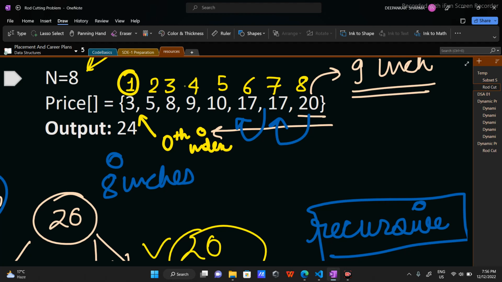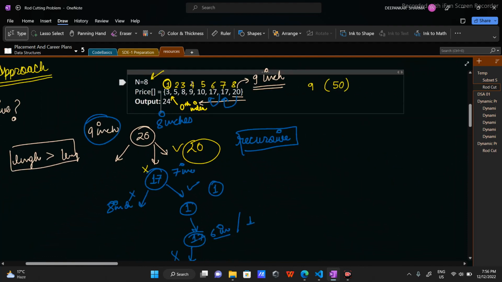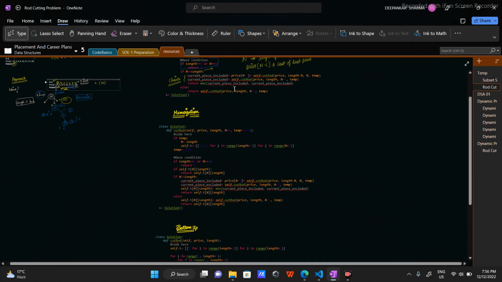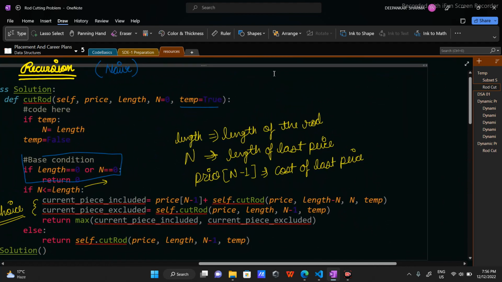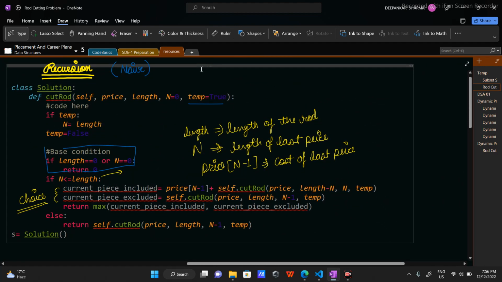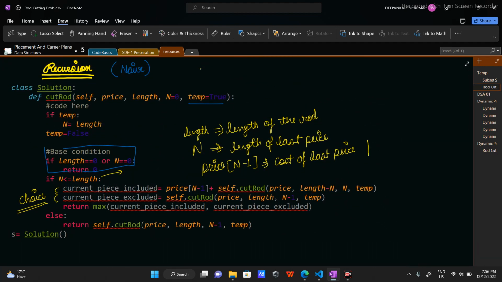Again, this is the first index, but it is telling me the cost of this 2 inches long piece of the rod. So similarly, what I'm telling you here is I'll have this choice, and price of n minus 1 is telling me the cost of the last piece.